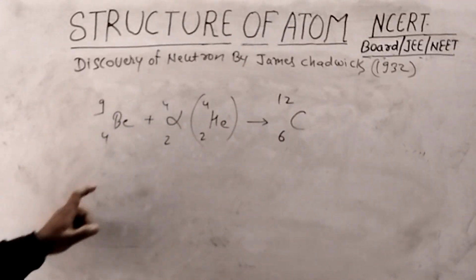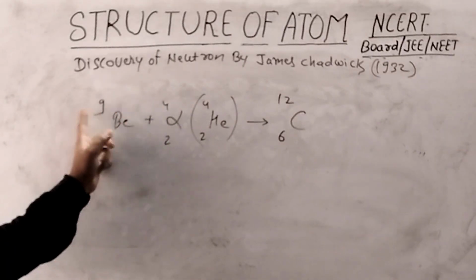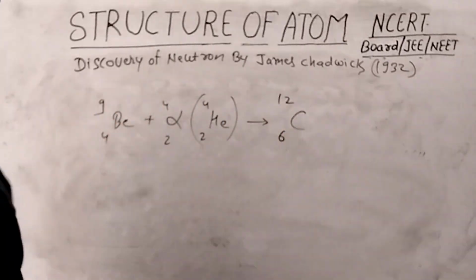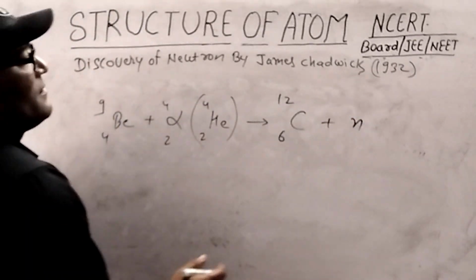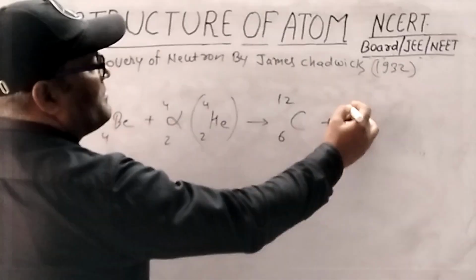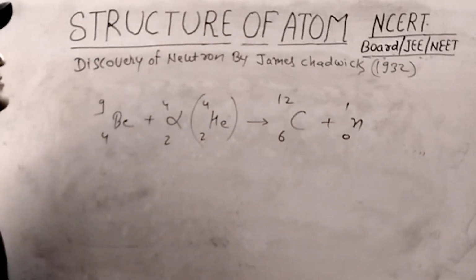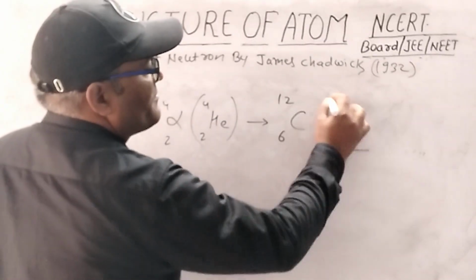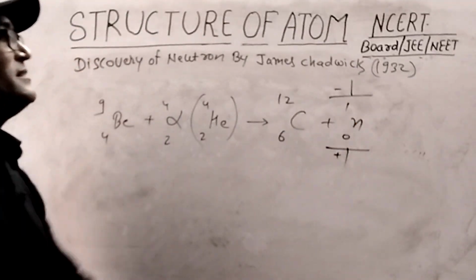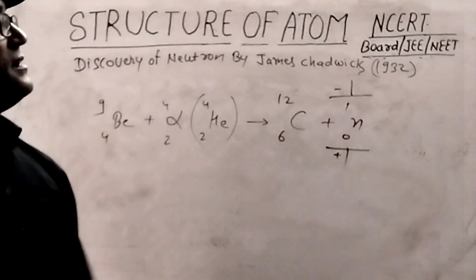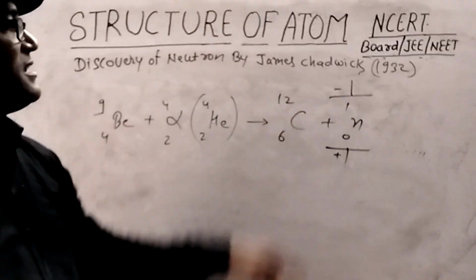Now here 9 plus 4 is equal to 13, but carbon 12 is obtained. Now another particle is also obtained. Here the charge is 0 but the mass is 1 gram. So in an electromagnetic field, positive and negative forces are present, but this particle is not deflected in the electromagnetic field.